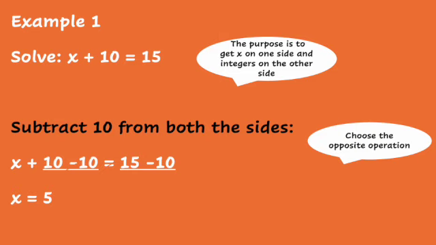We subtract 10 from both sides. On the left hand side plus 10 and minus 10 cancel because of the opposite signs, so we are left with x. On the right hand side we do 15 minus 10, that gives us 5. So x equal to 5 is the solution for the given equation.